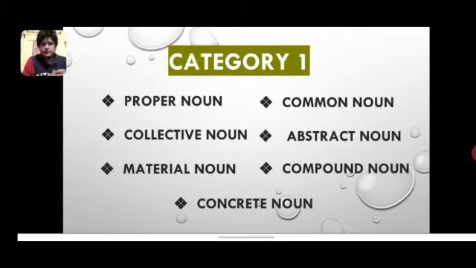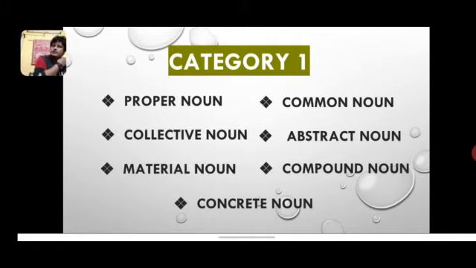If you remember, when we talked about compound adjectives, we came across the word compound noun as well, right? Concrete noun: concrete means something that has solidarity, something that has a physical form. So a concrete noun is the name or the word that represents any noun or any object that is present physically.